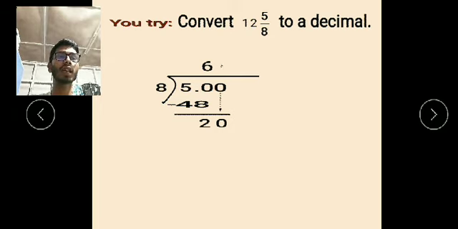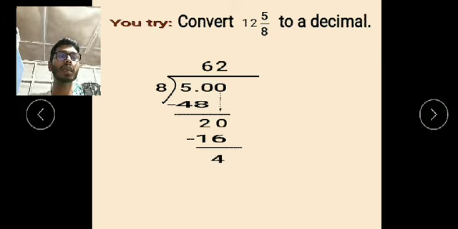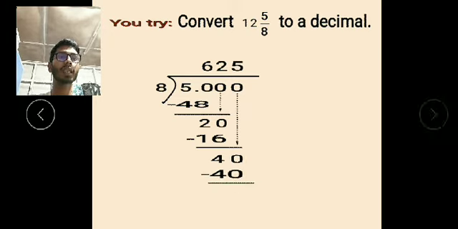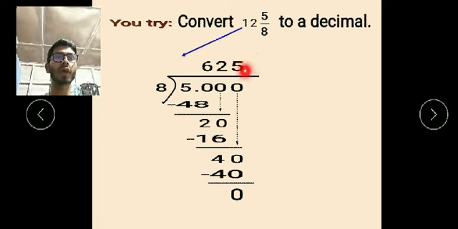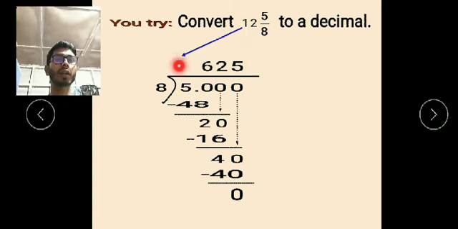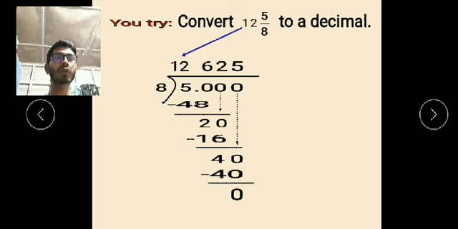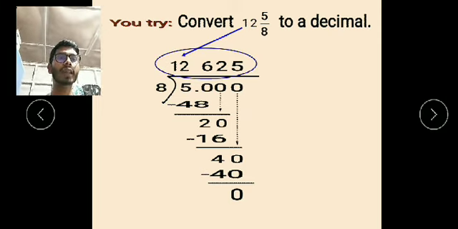Now 8 2s are 16. Now 20 minus 16 will give you 4. Now again 8 5s are 40. So you got the answer 0.625. Just append this number in front, so you will get 12.625.